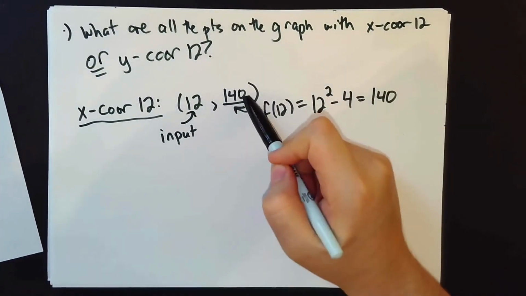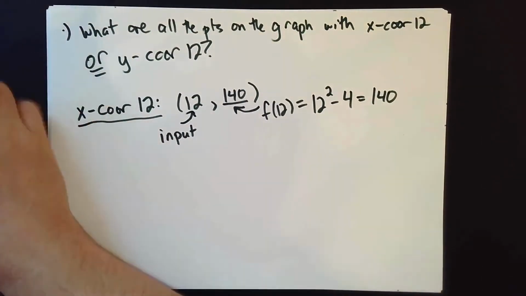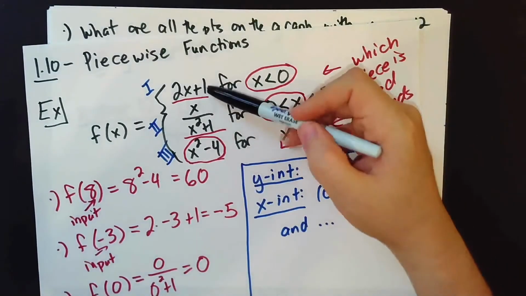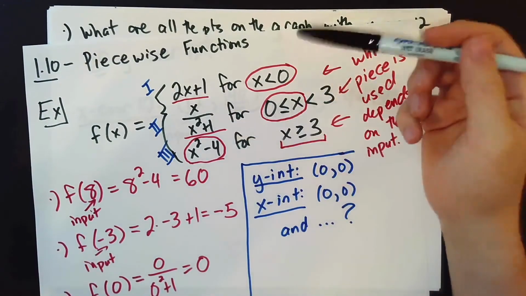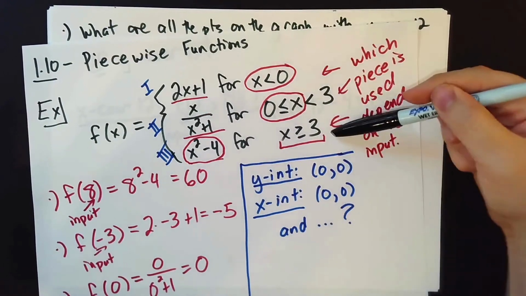And this is my only point with x-coordinate 12. Again, I can't plug 12 into the first line or the second line because the rules of the piecewise function do not let me. 12 can only go into the third line here.